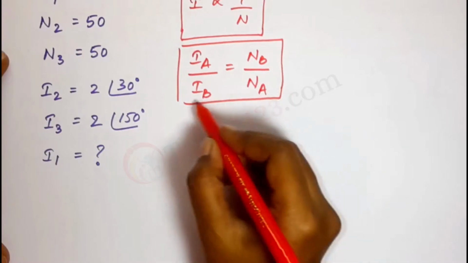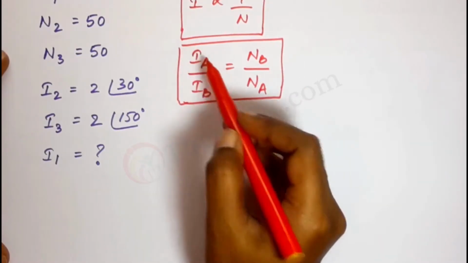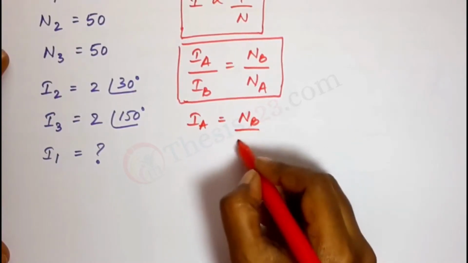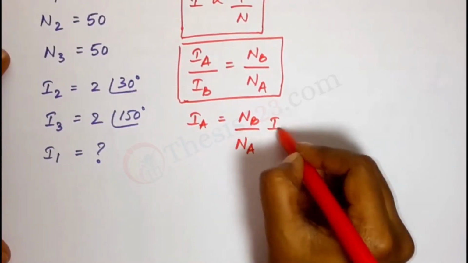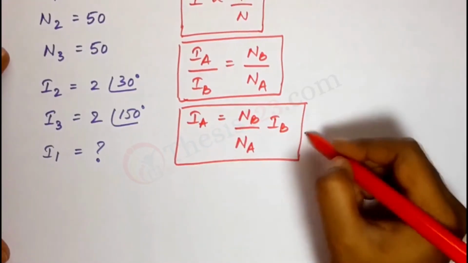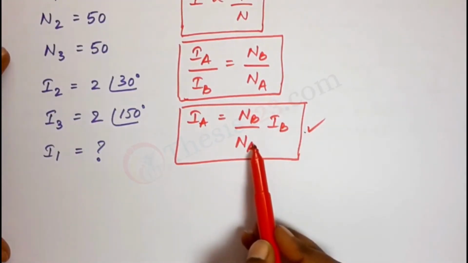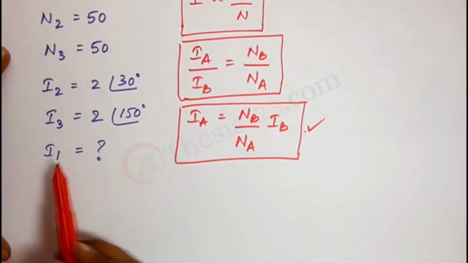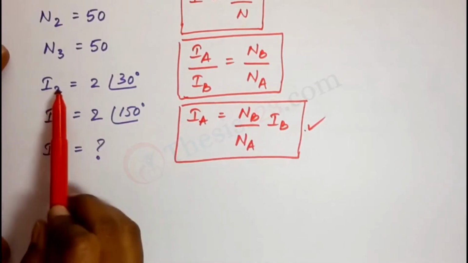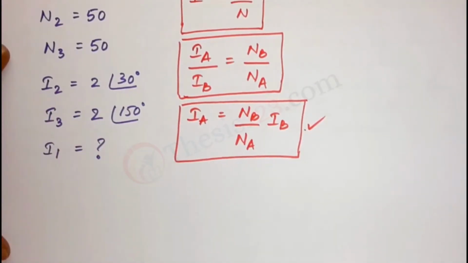Right? And if I have to find out, say, IA, I can write this as NB by NA into IB. Now we will use this concept in order to find out what I1 is, but you will have to note that we will have 2 parts here for I2 and I3.